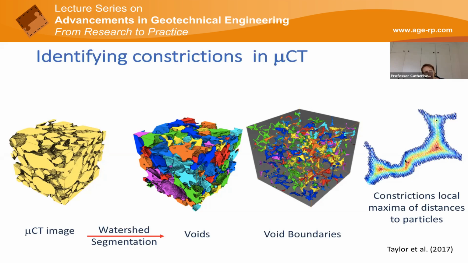So what you see here is a cloud of points or a cloud of voxels that represent the boundary between two voids, and they're colored by the distance of each voxel to the nearest particle. And when we get into the middle, we see that there's points that are further away from particles than any other points on this boundary. And we would imagine that they're the constrictions.